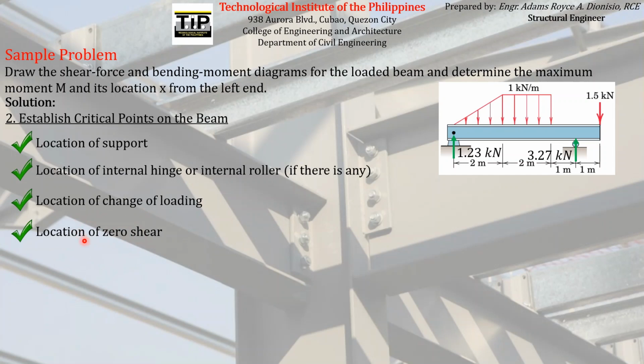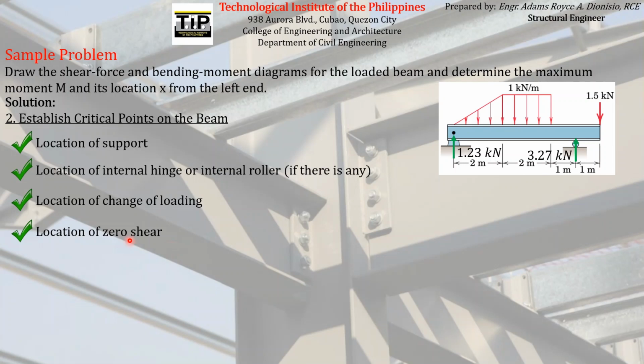Second to the last, we can assume that the location of zero shear is also a critical point. Although in this diagram, we cannot establish yet the point of zero shear because we don't have any shear diagram in the first place.